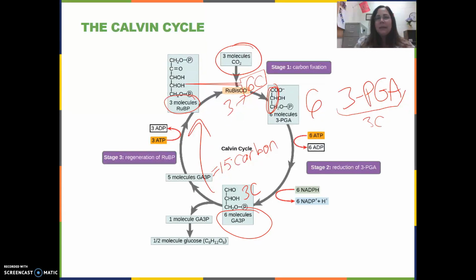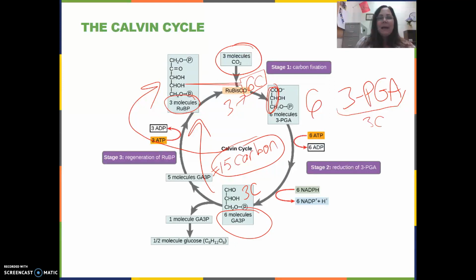You see what I mean? So the 5 molecules of G3P that have 3 carbons each, total they have 15 carbons. And those 15 carbons are needed to make 3 molecules of RUBP, since they have 5 carbons each. So that is the reason for all of this complication.